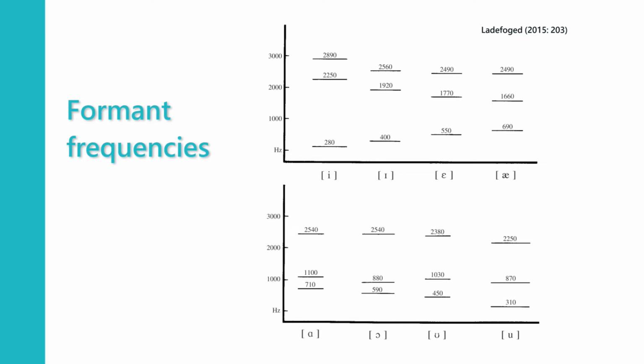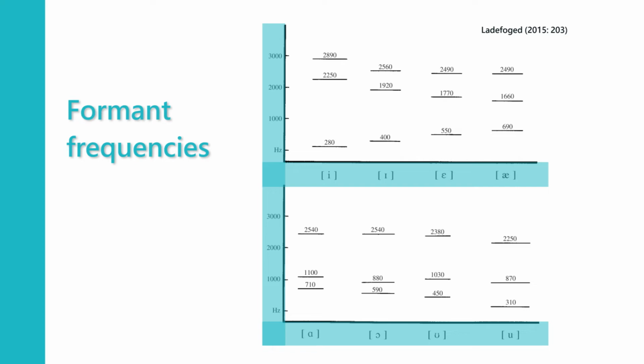For example, vowels A and U have very close second formants, 880 and 870, while the second formant of E is much higher. You don't need to memorize these numbers. You just need to see that every vowel here has been identified with three formant frequencies.